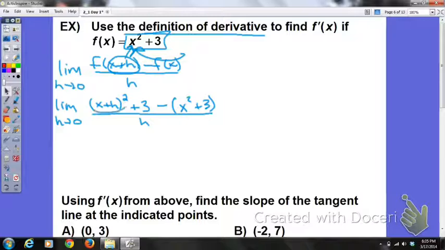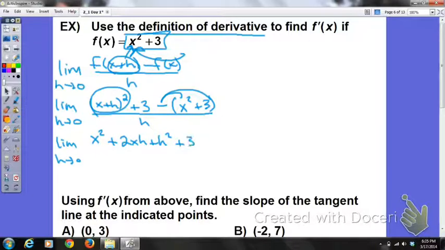So we need to continue by foiling the x plus h quantity squared and distributing the subtraction into the x squared plus 3. When we FOIL, we will get x squared plus 2xh plus h squared plus 3 minus x squared minus 3 over h.